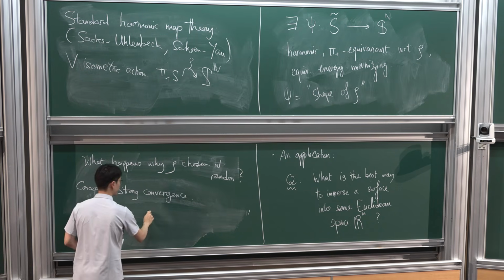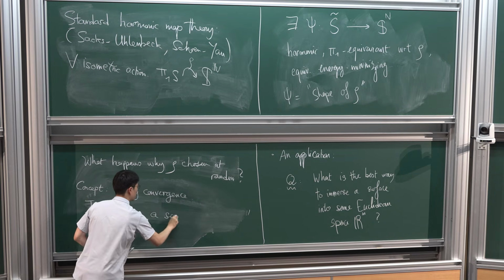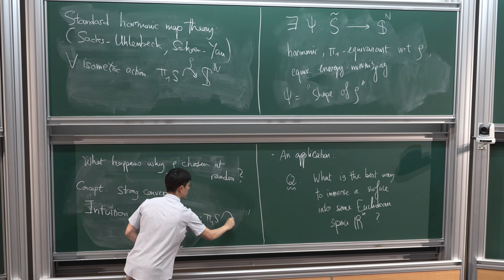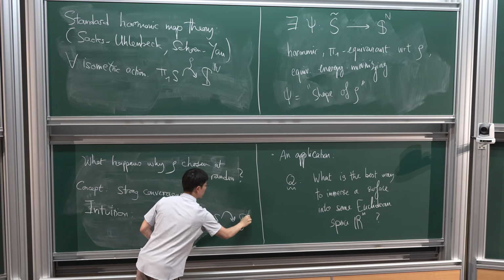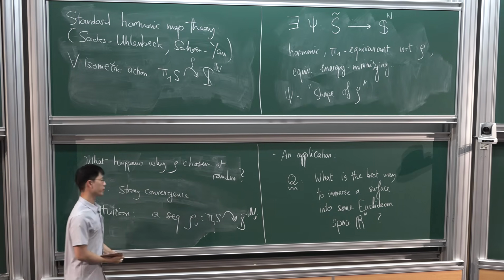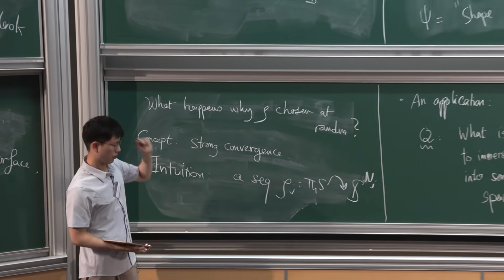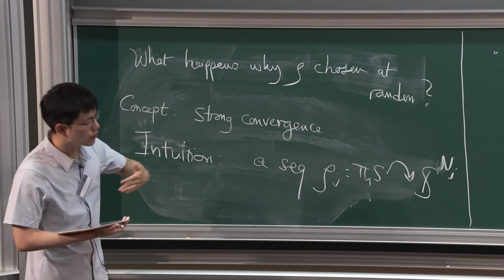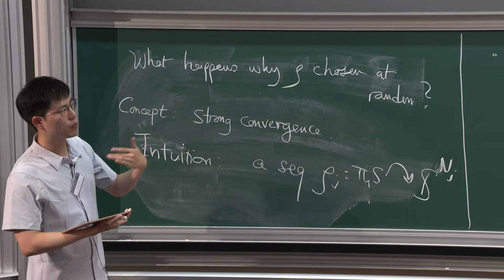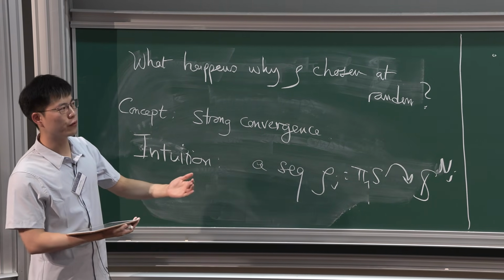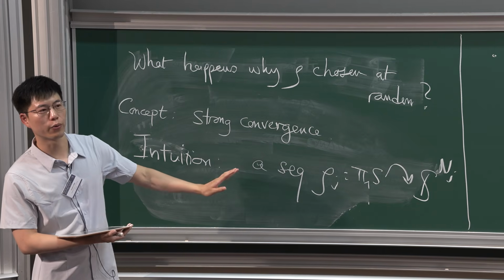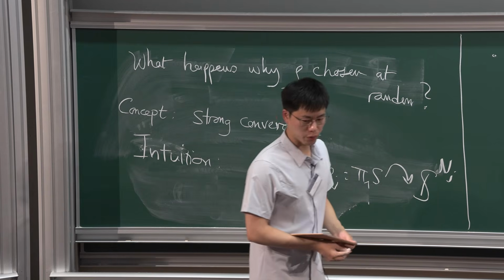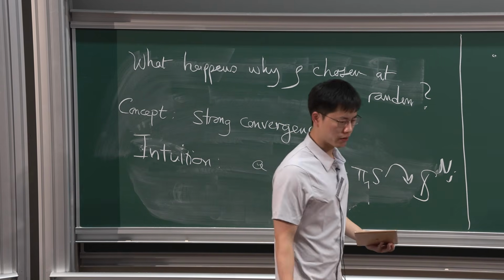The intuition is that if you have a sequence of isometric actions of pi1s on a sphere, they strongly converge if, as you go deep inside the sequence, they become more and more indistinguishable from a canonical action called the regular representation. That's going to be a consequence of the definition.